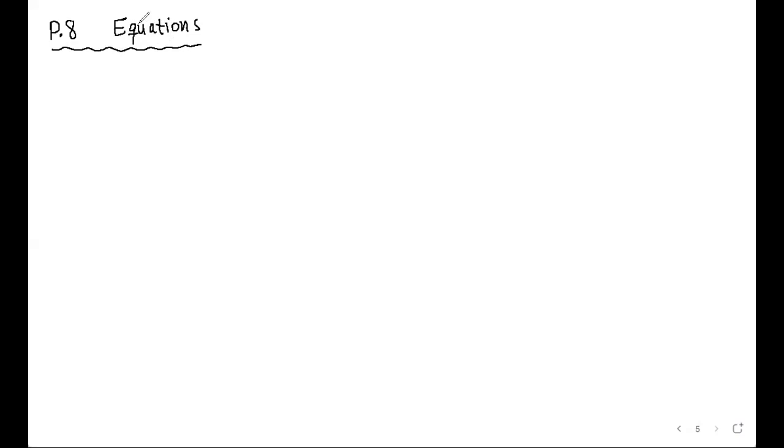What is the meaning of equations? Is it two expressions that have the same value? Exactly. We have an equal sign between two algebraic expressions, whatever the values are, x, y, whatever. Let me define it.